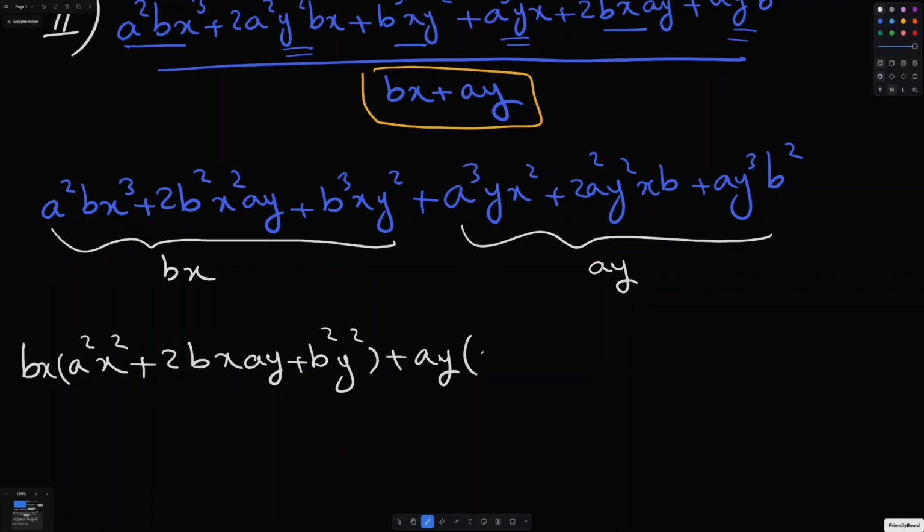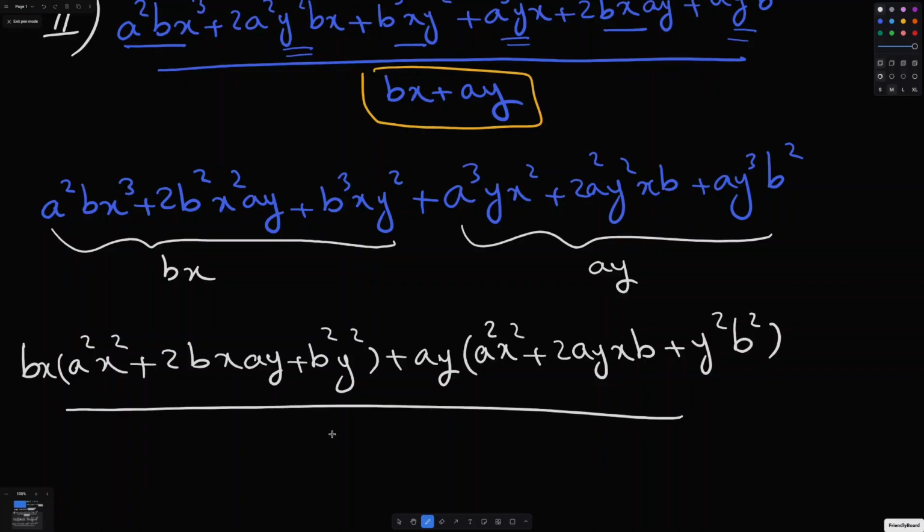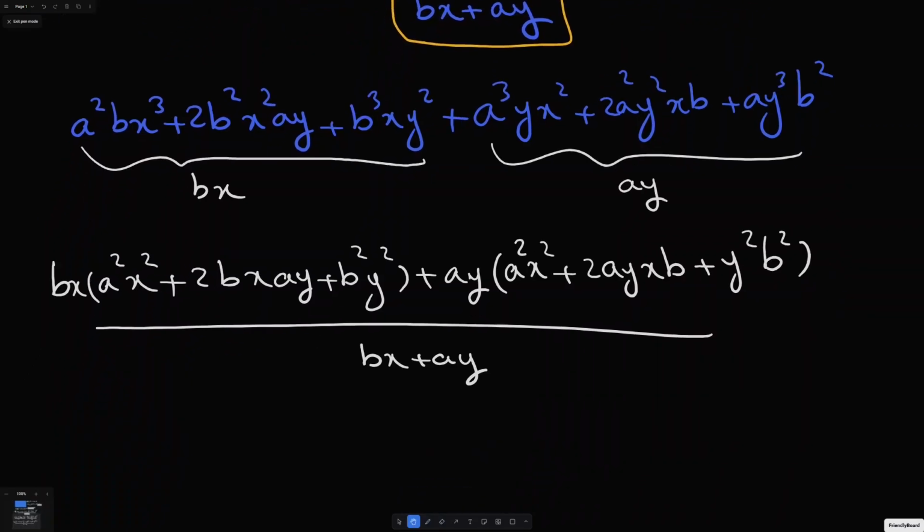If I factor out ry here, I'm going to get r2 x2 plus from here I'm going to get 2 ry xb plus, and from here I'm factoring ry, so I'm going to get y2 b2. Okay, over bx plus ry.